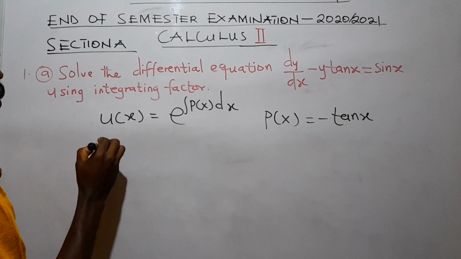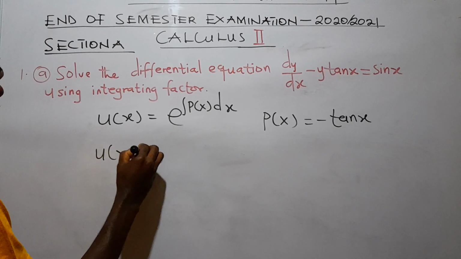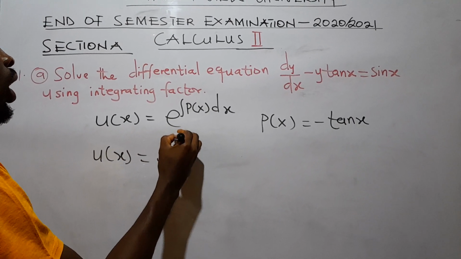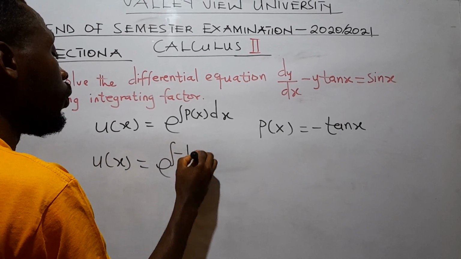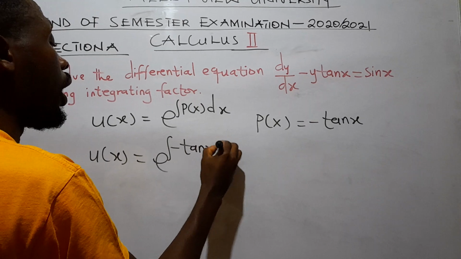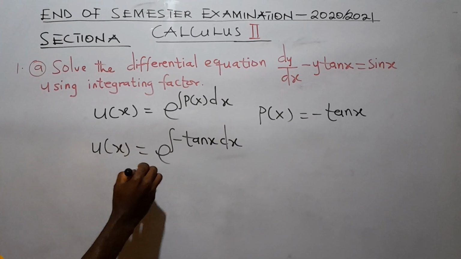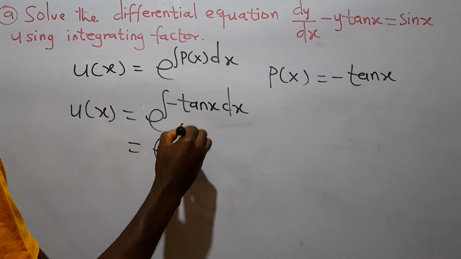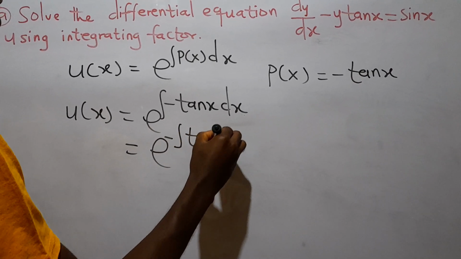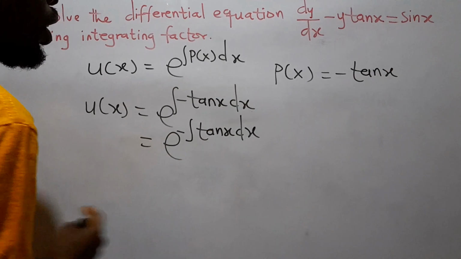So we integrate that. Our u of x will be equal to e raised to the integral of negative tan x dx. We can bring the negative out, so we have negative the integral of tan x dx.